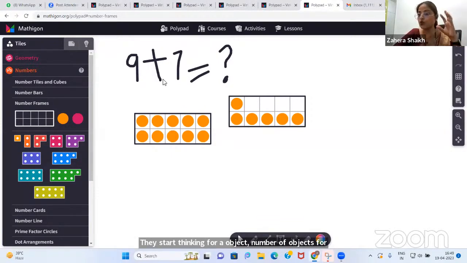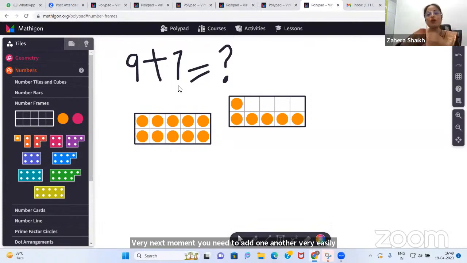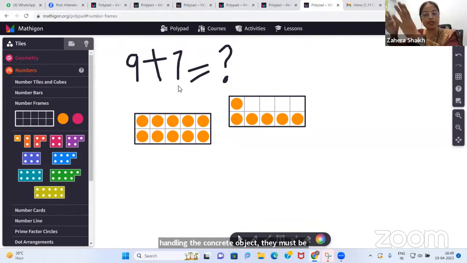And when they have the visuals in their mind, they can represent the number very easily, right? And when you ask them what is the story, the very next moment you need to add another question: what does it look like? Because when they are handling the concrete object, they must be able to represent it in a pictorial form. It means they should be able to represent it through pictures, right?